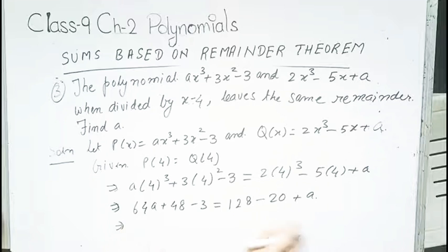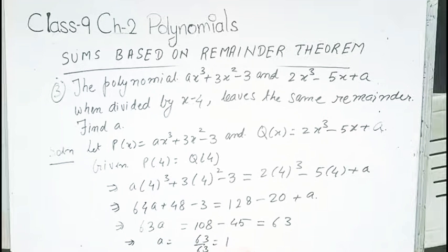So this implies, when I bring this a to this side, 63a, and 128 minus 20 will be equal to 108, and when 48 minus 3 is 45 comes to this side, 108 minus 45 is 63. This implies a equals 63 by 63 equals 1, which is the answer.